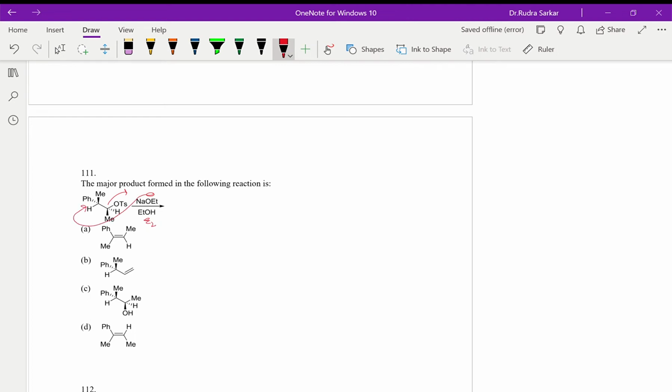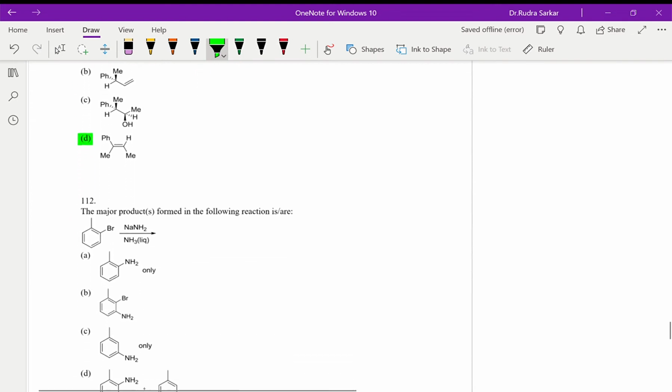This will be taken up by the proton that will go here. Via a concerted mechanism, we can say the two Me will be on the same side, the H will be behind, and the phenyl will be like that behind. So our product over here is going to be D.